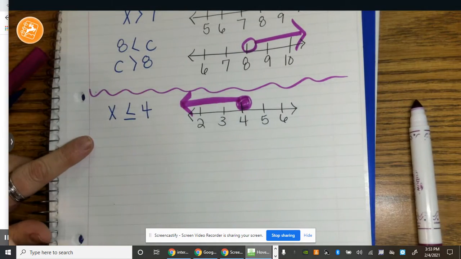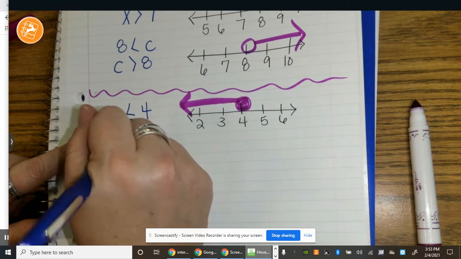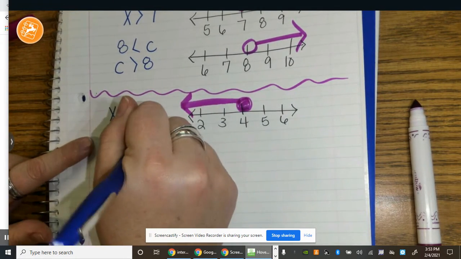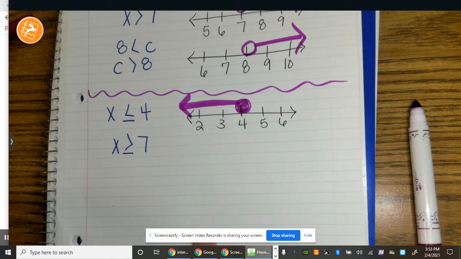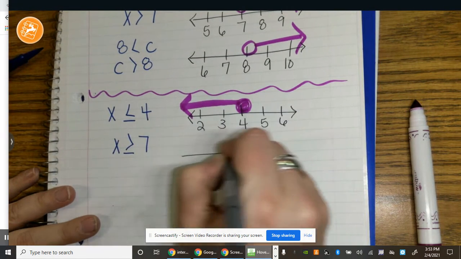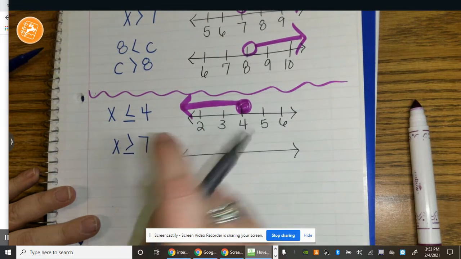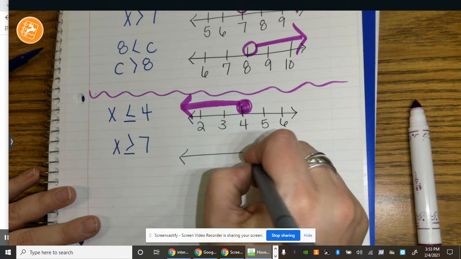Let's just flip this around and do x is greater than or equal to 7. And guys, remember, x is just my variable. It's a name for an unknown. Okay, so again, I start off with my number line. And 7 has to go on my number line somewhere. So I'm here at 7.